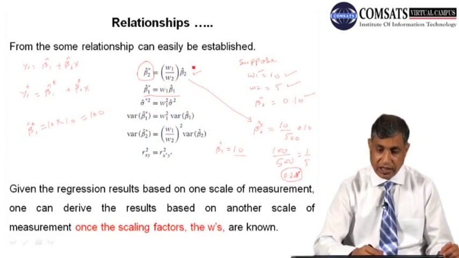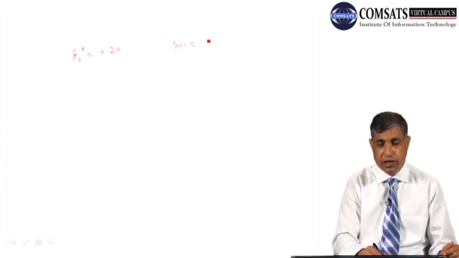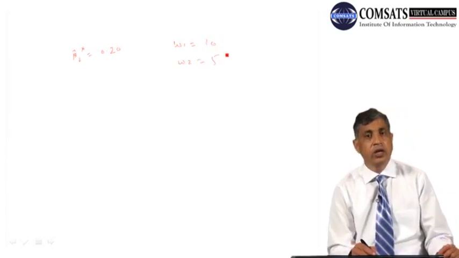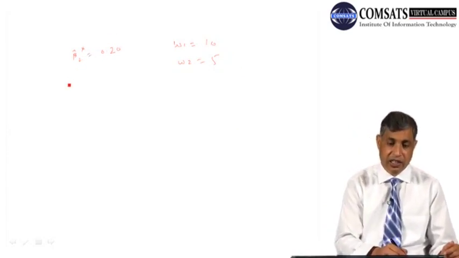For example, if someone gives me that beta 2 hat star is equal to 0.20, and says that W1 is equal to 10 and W2 is equal to 5, then rather than asking for beta 2 hat star, he asks me to find beta 2 hat.